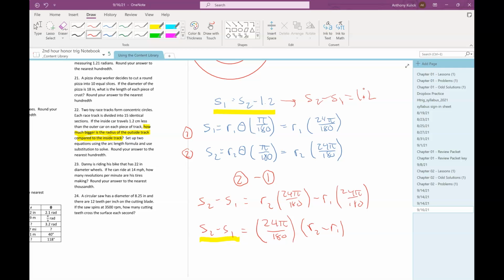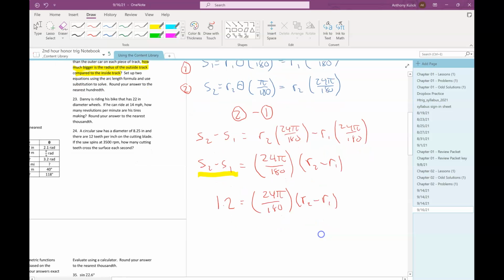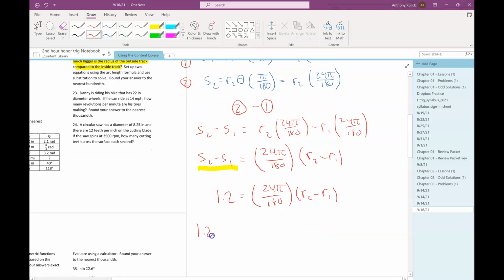Agree with that? Okay. So I can say 1.2, and then if I just multiply by the reciprocal, that'll give me the difference between R2 and R1, which is what I'm looking for.